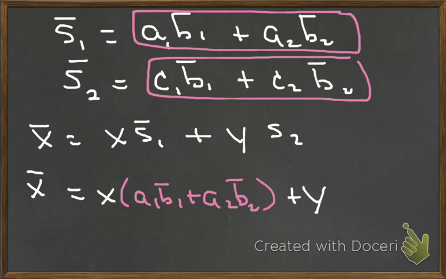And that y would be multiplied by C1 B1 plus C2 B2.